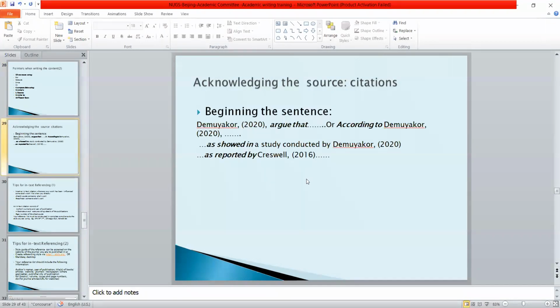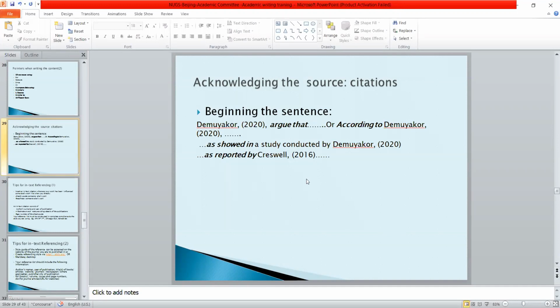Now, one of the most important parts of our writing process has to do with acknowledging sources. You write your work within academia. What is believed is that your work can be authoritative if you are able to support it with what already exists in the literature.